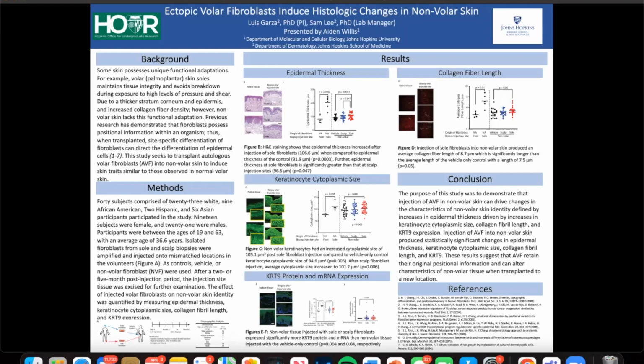What we observed was that injection of these volar fibroblasts into non-volar skin produced statistically significant changes in epidermal thickness, keratinocyte cytoplasmic size, collagen fibril length, and keratin 9. These results suggest that the volar fibroblasts do in fact retain their original positional information and can alter the characteristics of non-volar skin tissue when transplanted to a new location.